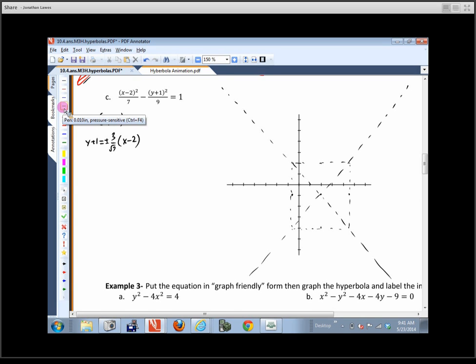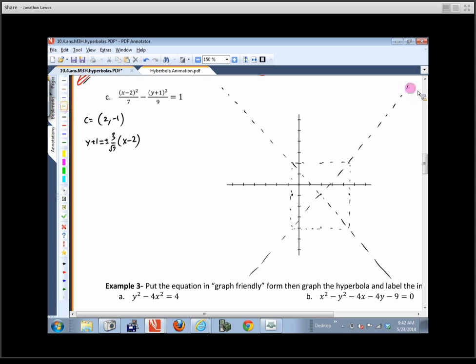Up and down. Okay? If you have a y squared, it opens right and left. That's a little bit weird. The rules are completely different here. First of all, they have 2 squared variables, so you can't rely on that at all. And it's only determined by which one is positive. So if x is positive, it's going to open in the x direction. If y is positive, it's going to open in the y direction.